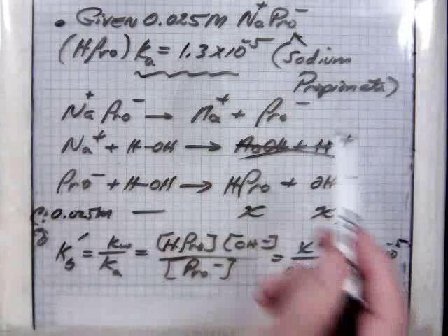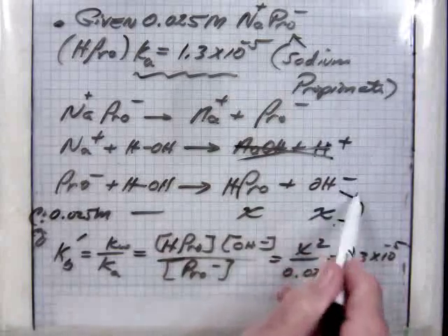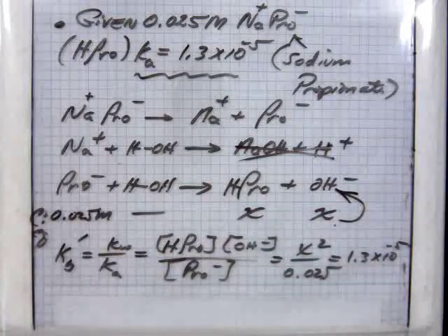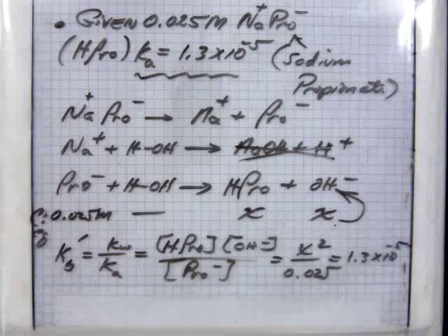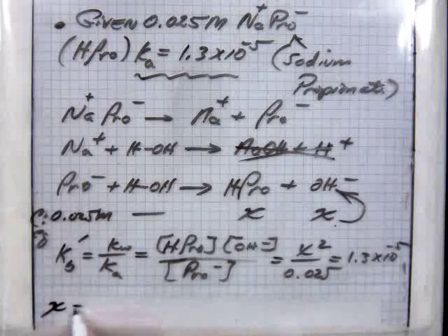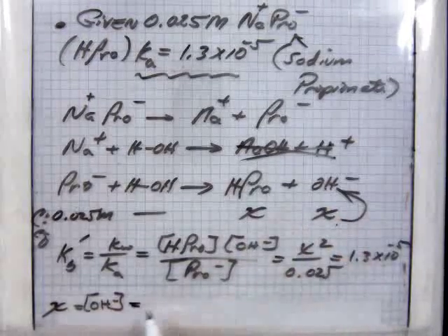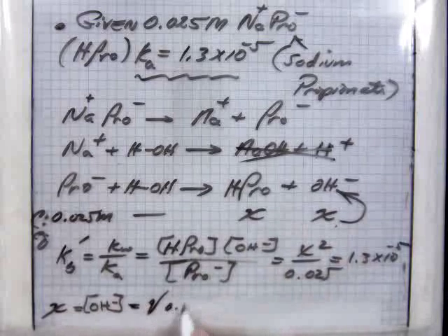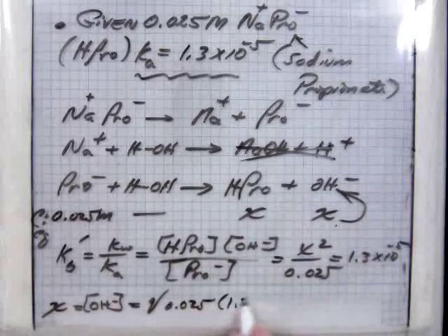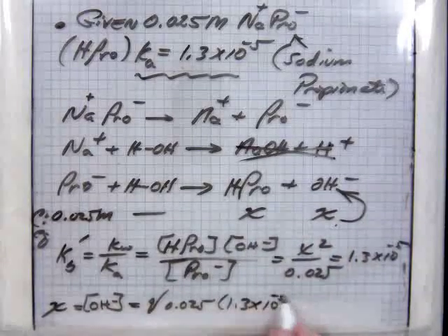So when you solve for x in this one, you're solving for the hydroxide, and then from there you get pOH and then pH. So this little setup shows how you can condense all the noise I've been making about hydrolysis, but all you have to do is solve for x, which gives you the hydroxide as shown here, and that's the square root of 0.025 times 1.3 times 10 to the minus 5 molar.